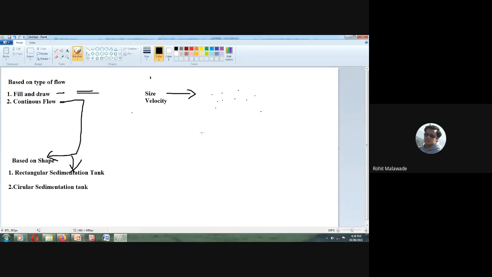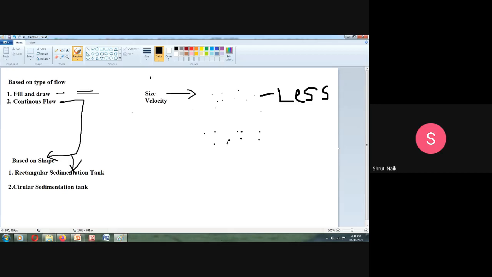But why is it not going to settle down very easily? This is a lesser size, and this is of greater size. Now, which will settle early?